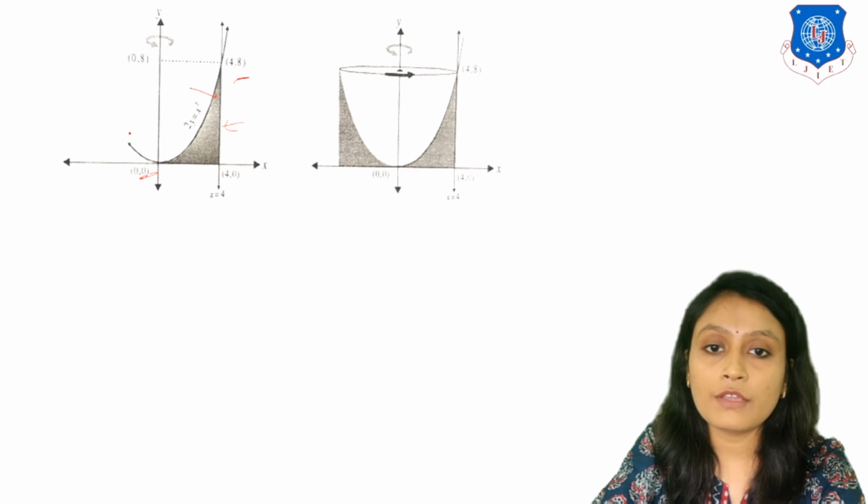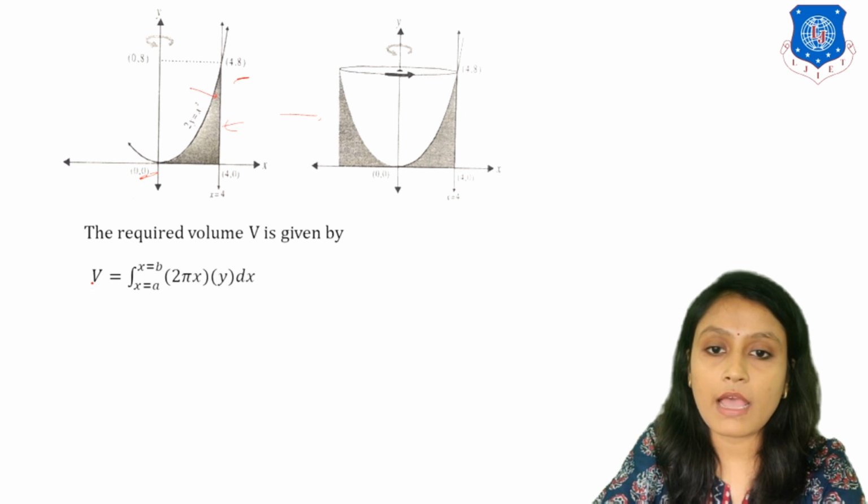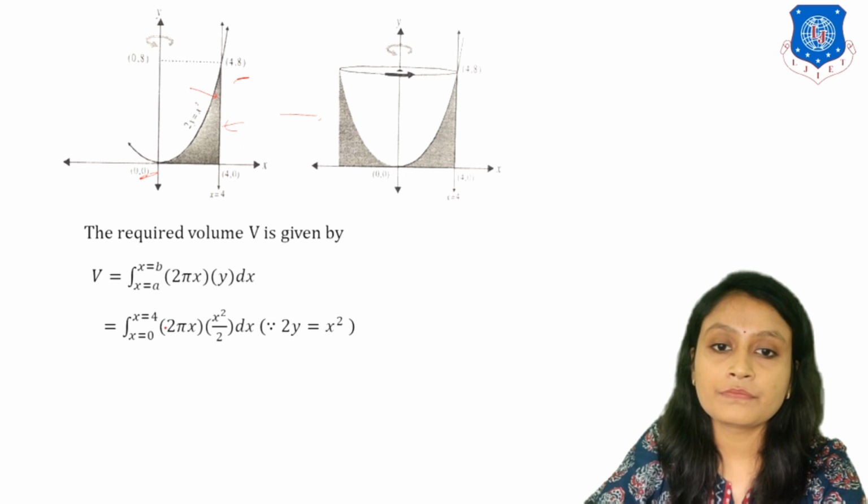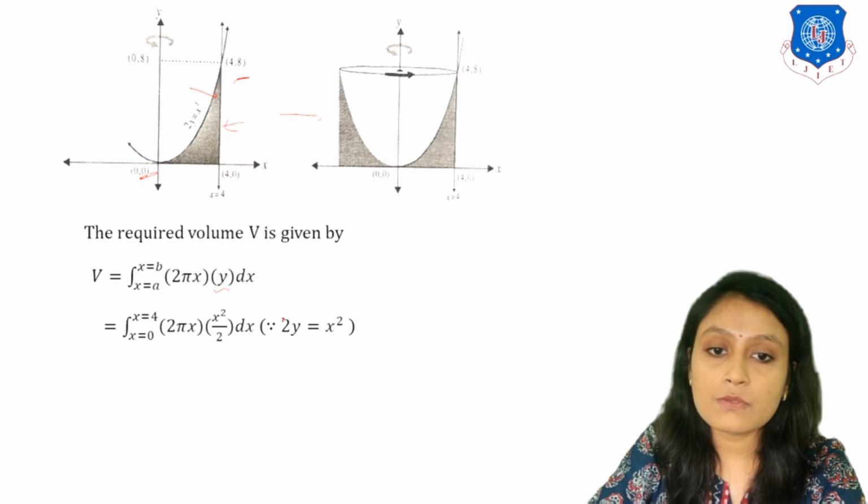We have to revolve this around the y-axis, so you will get this type of solid, right? So the required volume V is given by V equals integral a to b of 2 pi x y dx, right? Now we know y is x squared upon 2 from this, right?